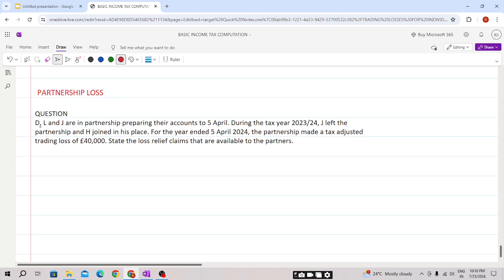Partnership losses. D, L and J are in a partnership preparing their accounts to 5th April. This is in line with our tax year, students.